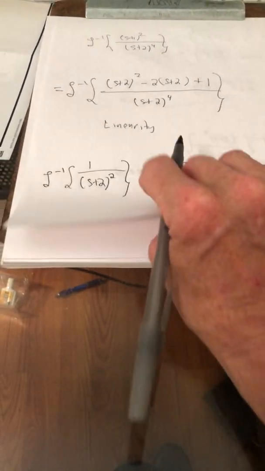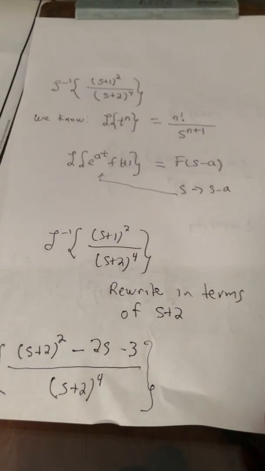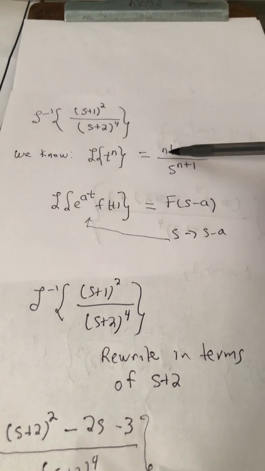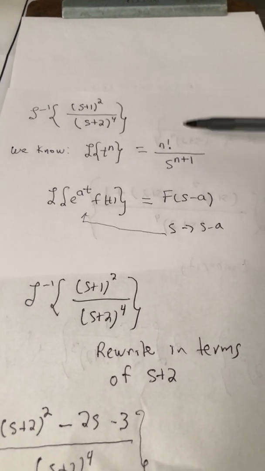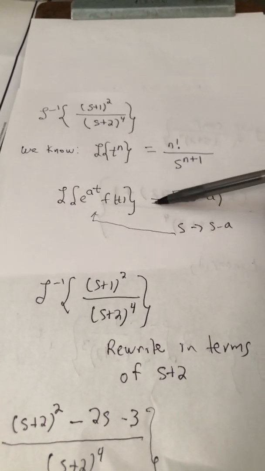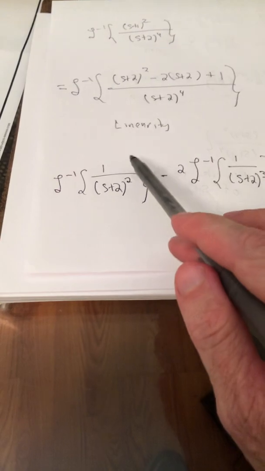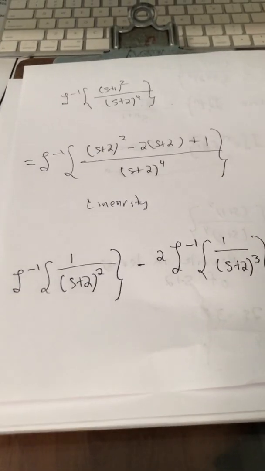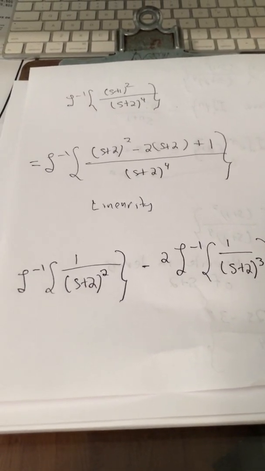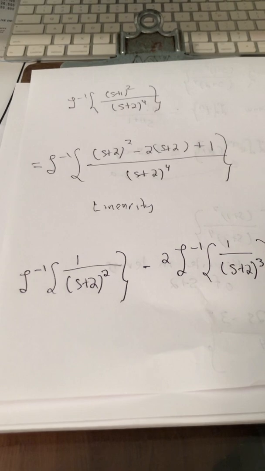So now what we'll do is make use of this table entry as well as this operational property. So think of this as being 1 over s squared with s being replaced with s plus 2.